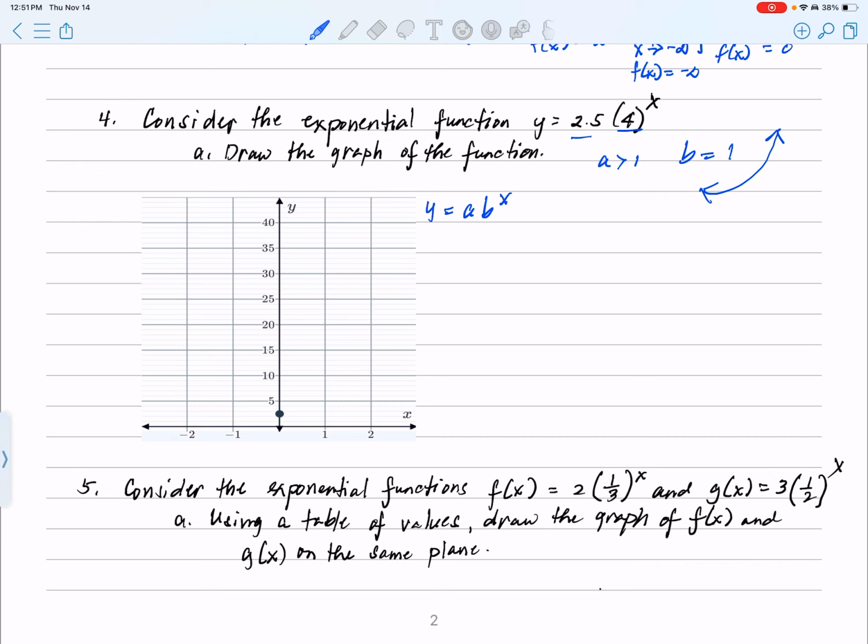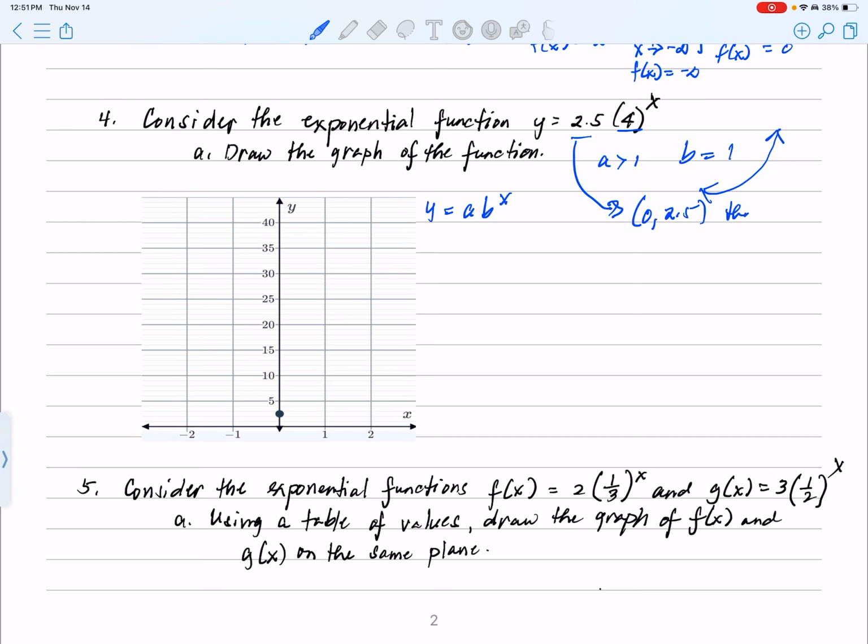Now take note that the function has a constant factor of 4, since it has the base exponent, and the y-intercept is at (0, 2.5). That is the coefficient, right?